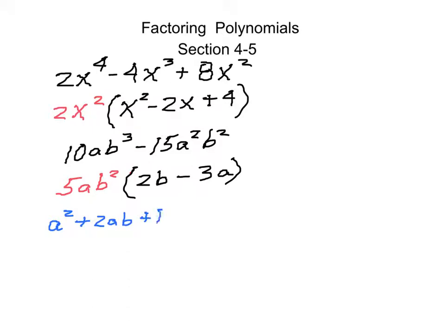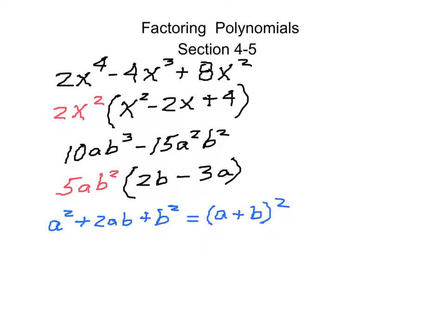If I factor that, that is simply a plus b quantity squared. So that's the first of our perfect square trinomials.